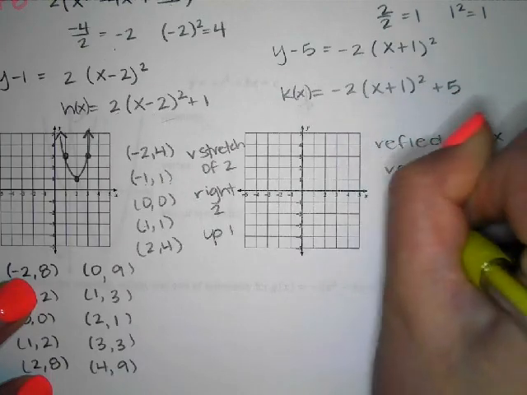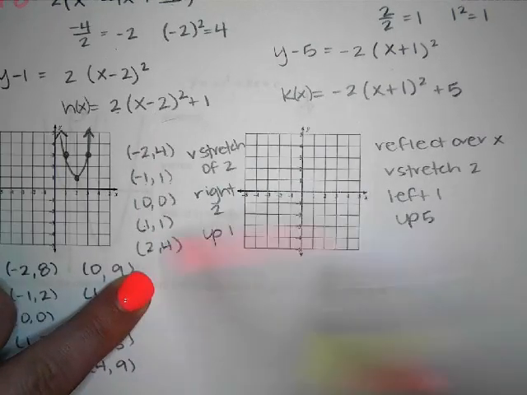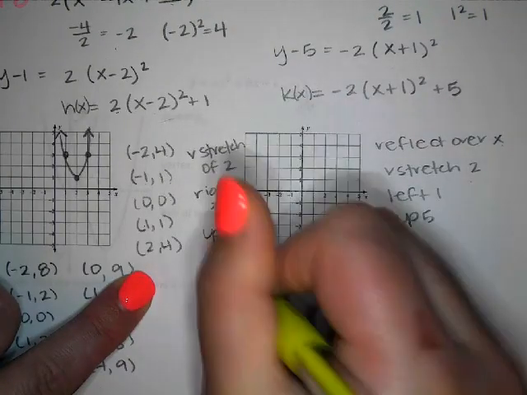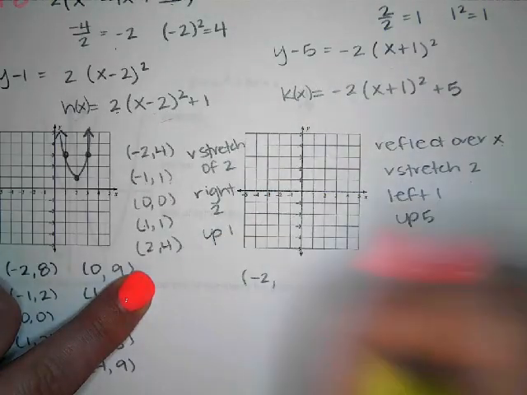Okay, so I'm going to take these same points. I can do the reflection over x and the vertical stretch of 2, that negative 2 in the front, at the same time. So I'm going to take the x coordinates, keep them the same, and take the y coordinates and multiply them by negative 2.